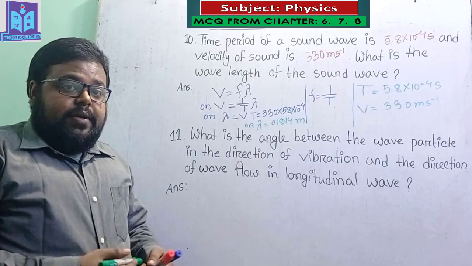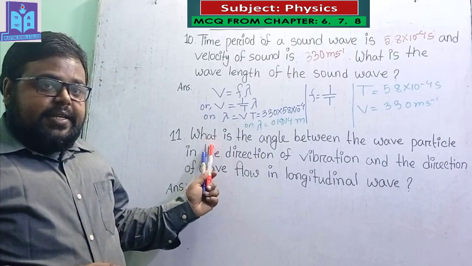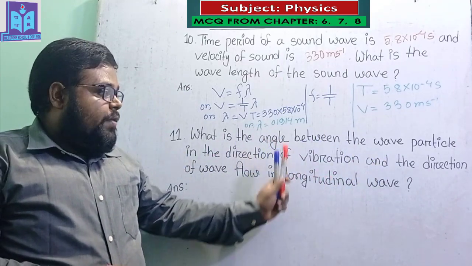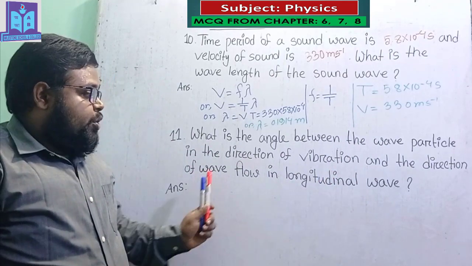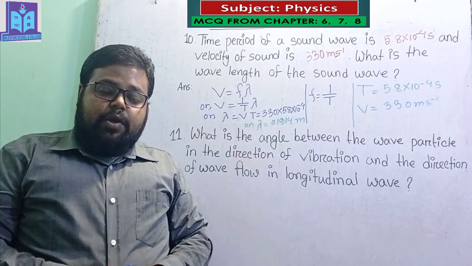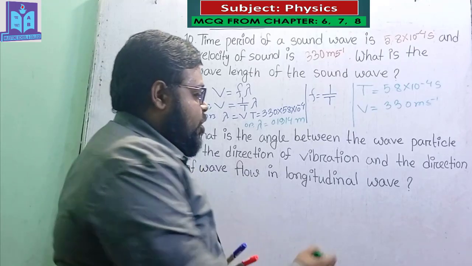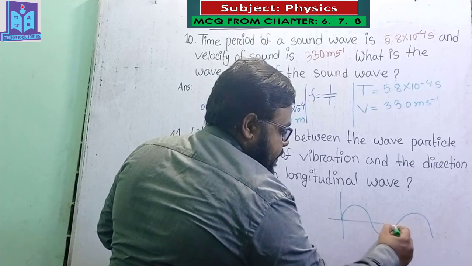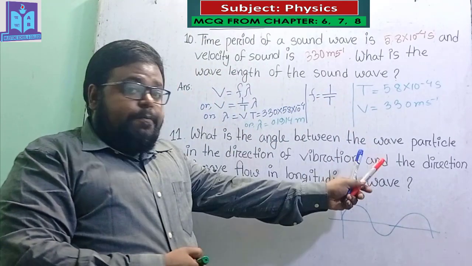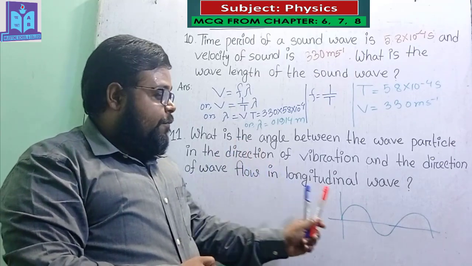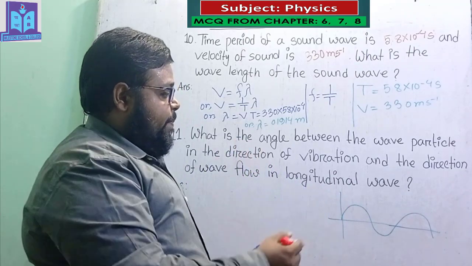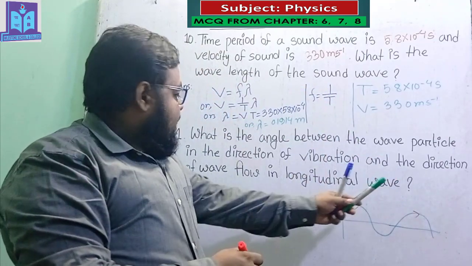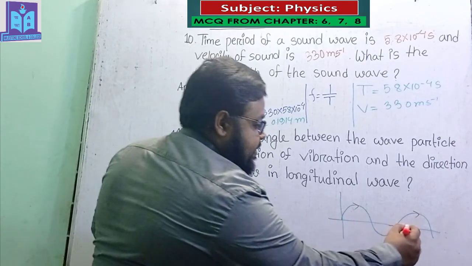The number 11 question is, what is the angle between the wave particle in the direction of vibration and the direction of wave flow in a longitudinal wave? Here, if I draw a wave, here you can see the wave particle in the direction of vibration here, and the direction of wave flow, that means that direction.